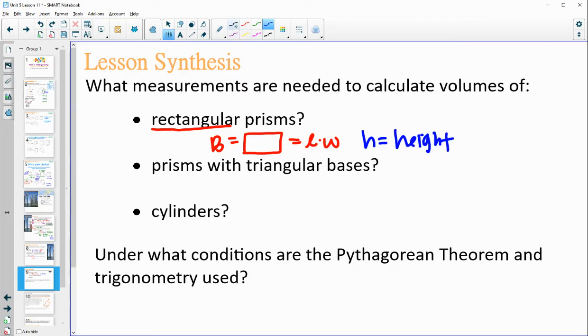Prisms with triangular bases: if there's a triangular base, you need the base and the height of the triangle, or the legs of the triangle. And then you also need the height of the prism.